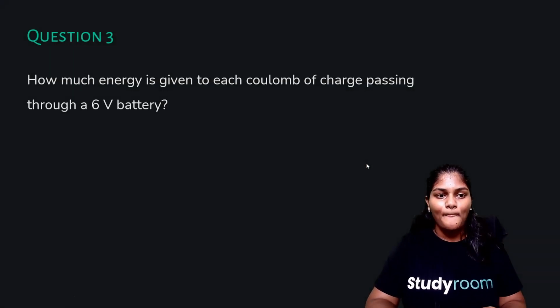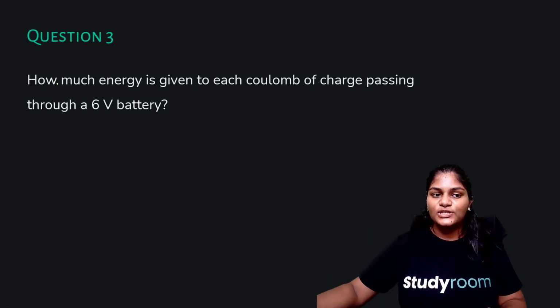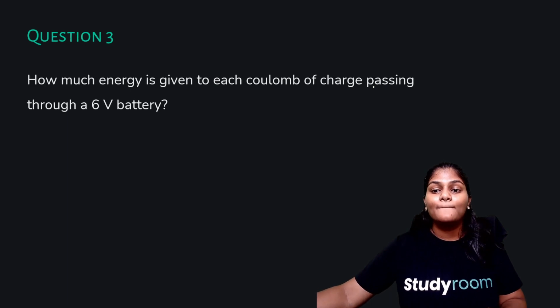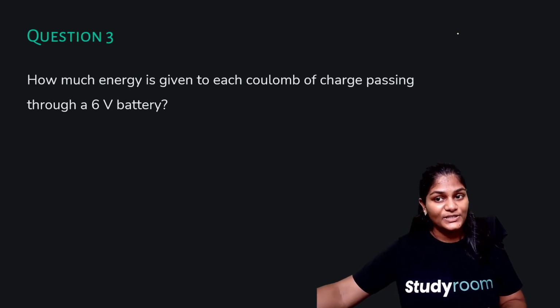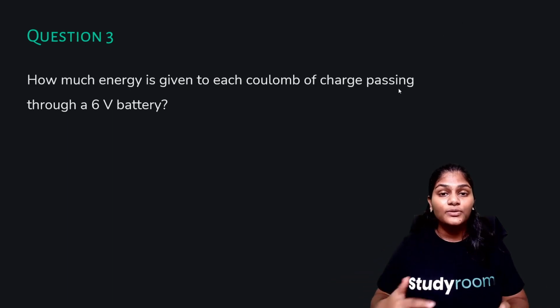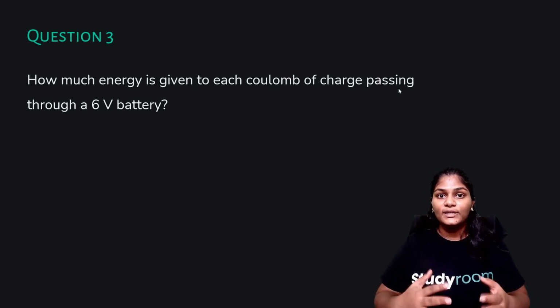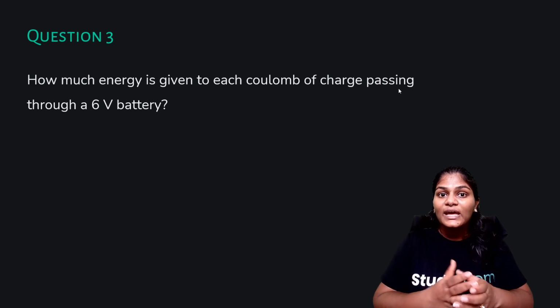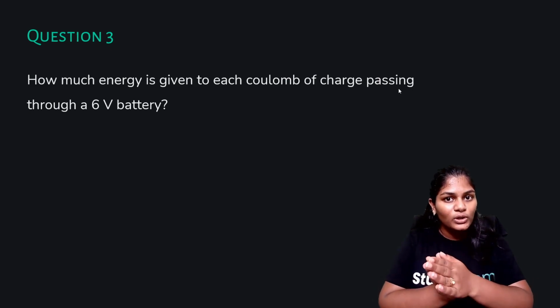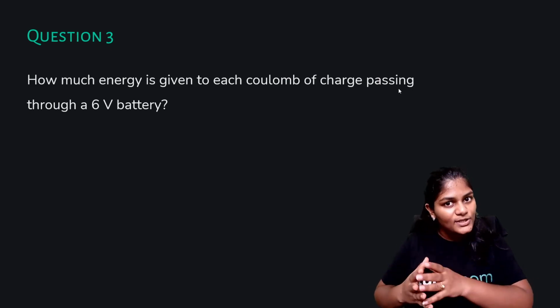Moving on. Now, the next question says, how much energy is given to each coulomb of charge passing through a 6-volt battery? Now, how do we solve this? We use the concept, if you remember, we studied in work, energy and time, that work is nothing but energy stored being used.